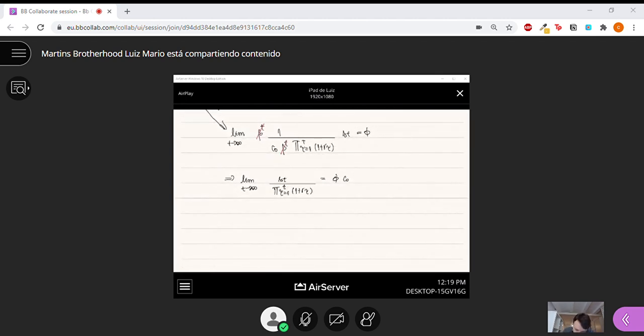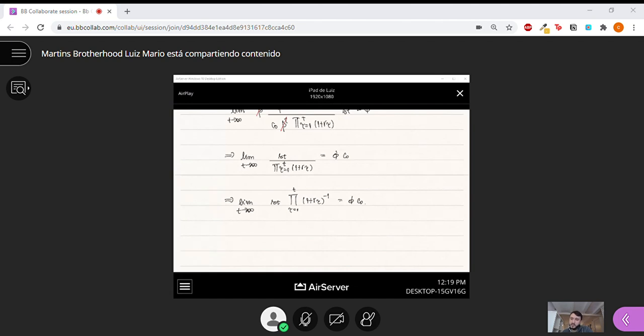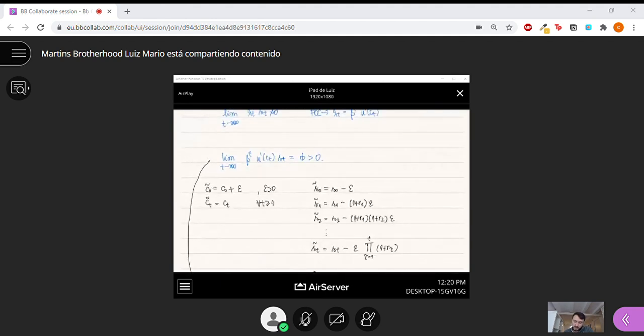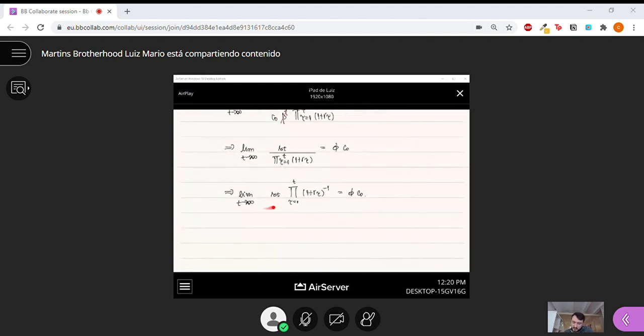Okay, and then let me just rewrite. Okay, so I took a look at the solution of some students, and there was a C0 missing here because we are used to thinking that this is the transversality condition, this is equal to 0, and I said that this expression here was equal to phi, and then it's kind of natural for us to think, okay, it means probably that this is going to be equal to phi.